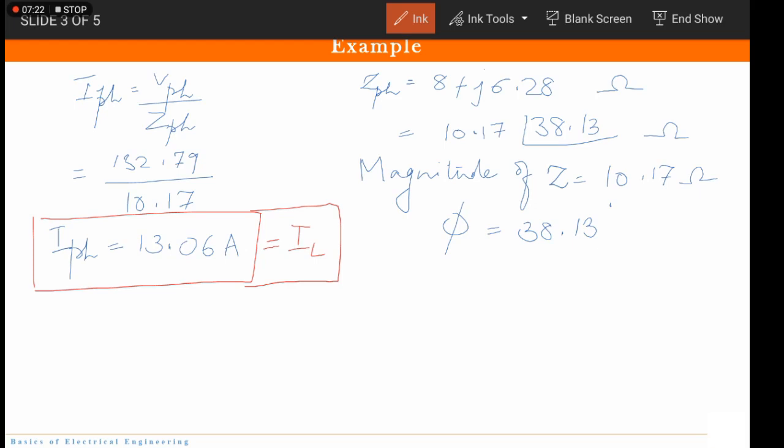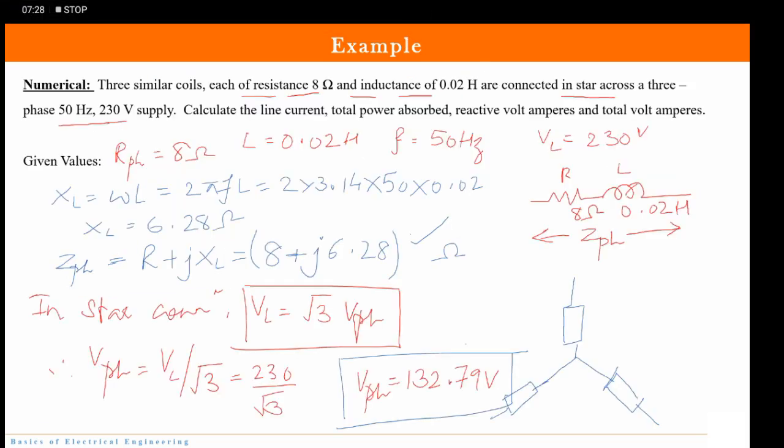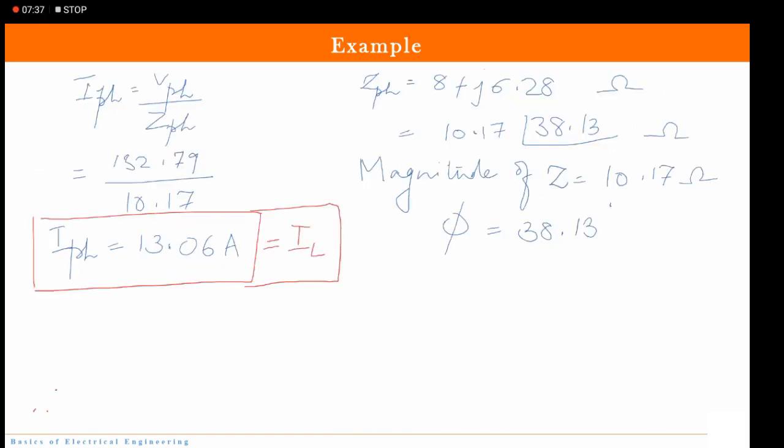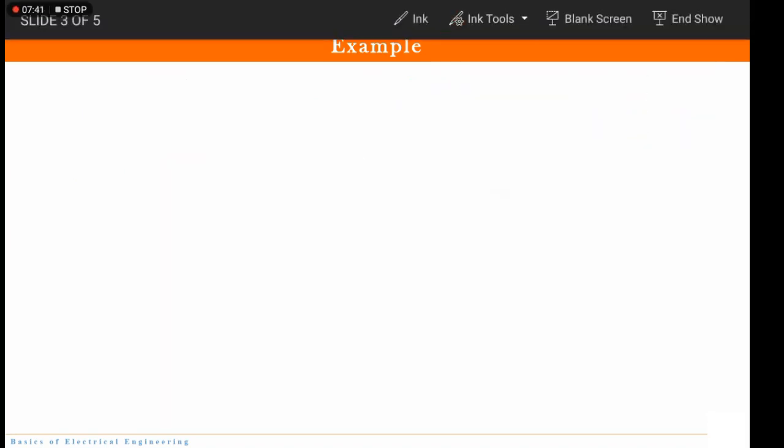So let us go back to the previous slide. They said calculate line current, total power absorbed, reactive volt ampere and total volt ampere. Fine. So I shall erase this first. Now line current, phase voltage, everything has been found out.